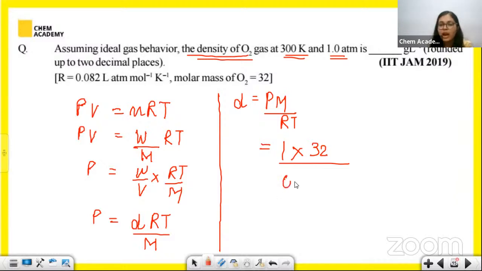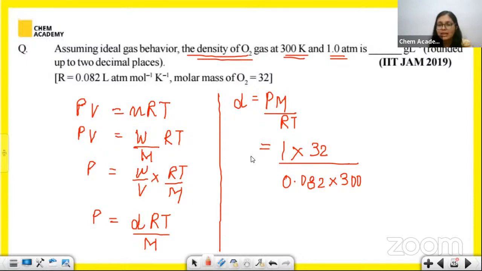The value of R we have been given in the question. In terms of atm, you have to be very careful. If the value of R has not been given in the question, you will have to be very, very careful about what the value of R should be. Since here pressure is in atm, we will take the value of R also in terms of atm. And the temperature is 300 Kelvin.